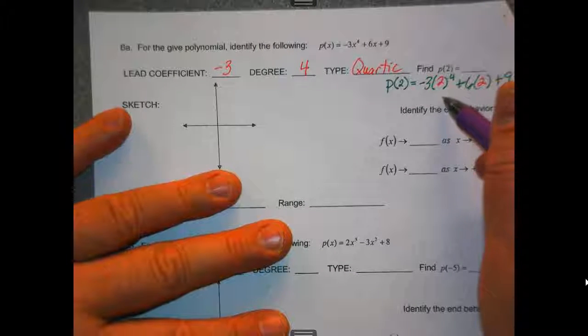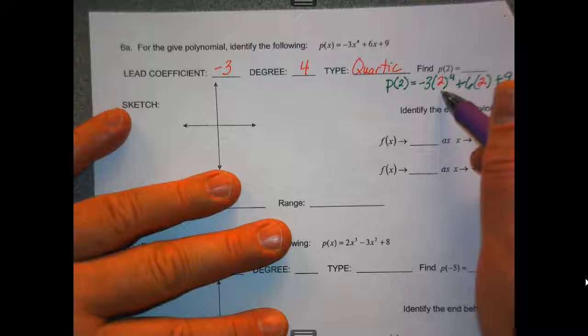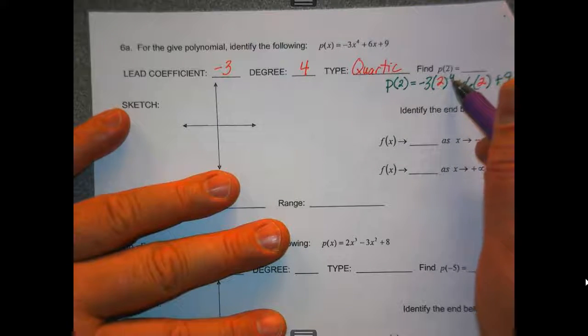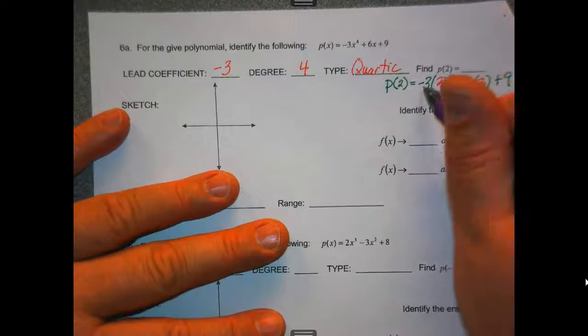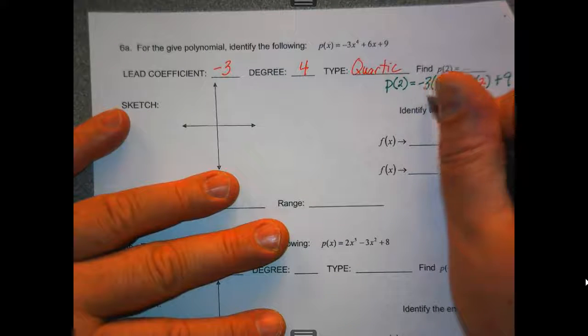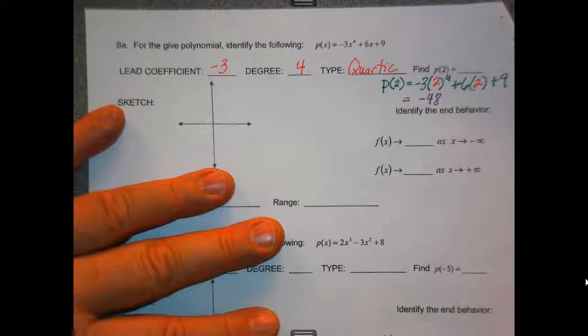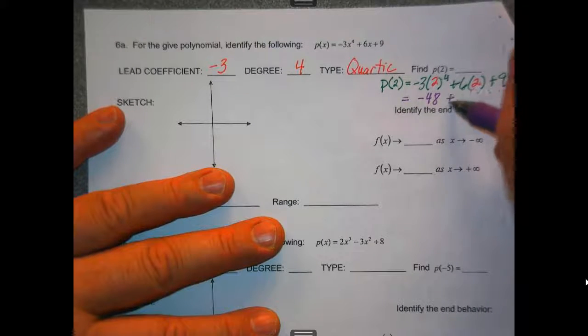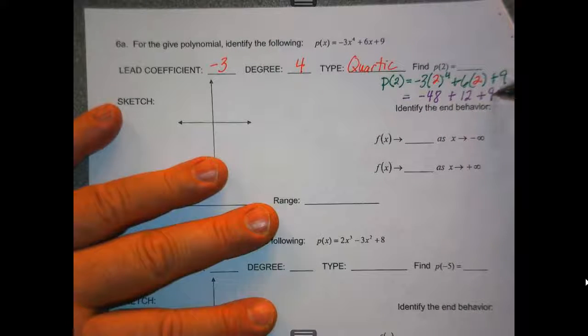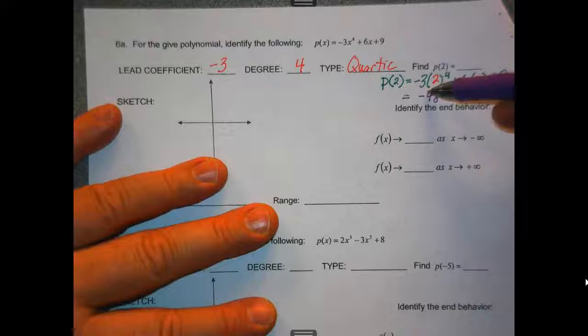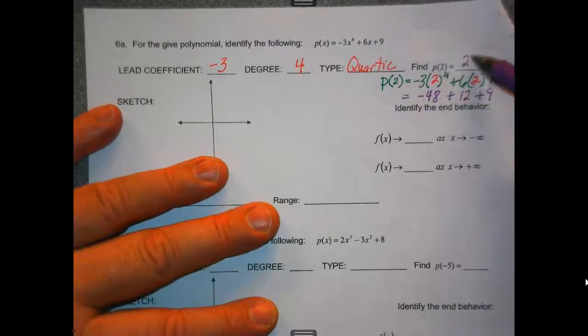PEMDAS: parentheses, exponents. 2 to the fourth is 2 times 2 times 2 times 2, which is 16. 16 times negative 3 is negative 48. Plus 12. Plus 9. That's 21. 48 minus 21 is negative 27.